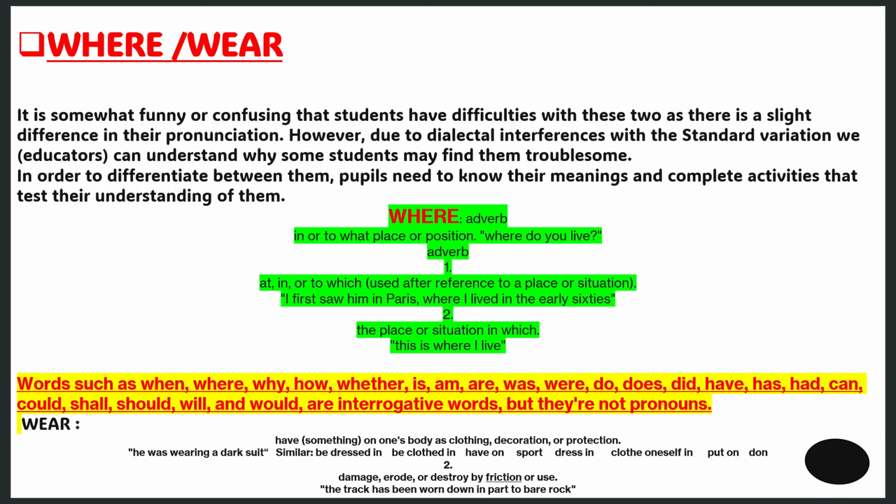Right? And so where, right there, it can also be regarded as a relative pronoun. It's also the place or situation in which: this is where I live.